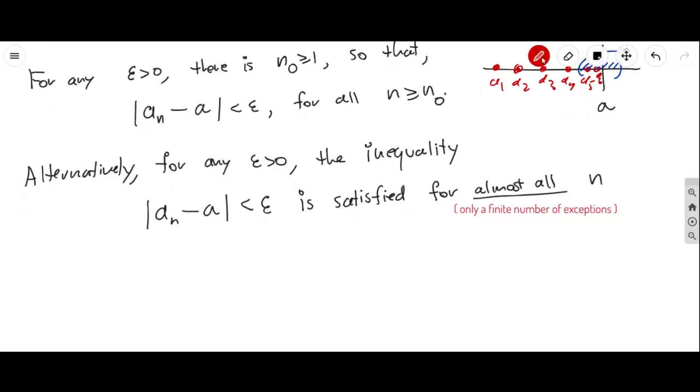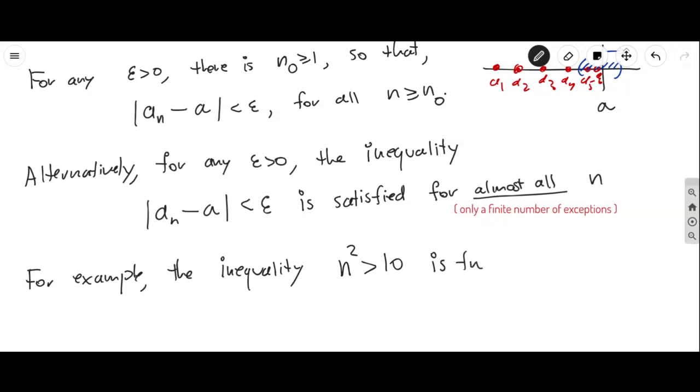So for example, the inequality, let's say I tell you n squared is bigger than 10. This inequality is true for almost all positive integers n, because there's a finite number of exceptions.